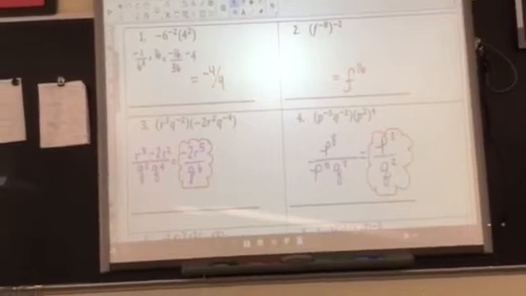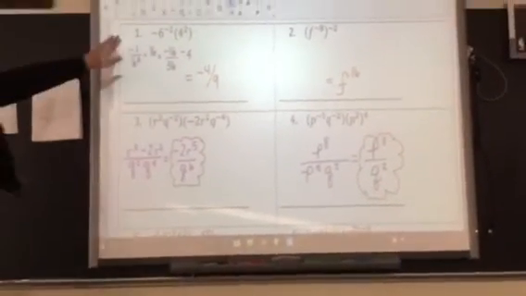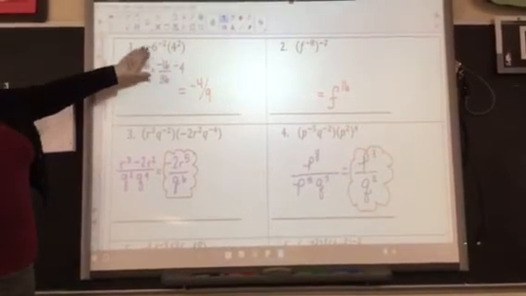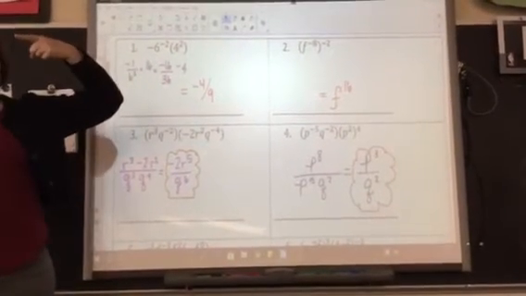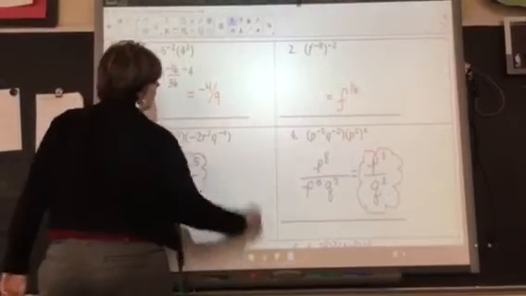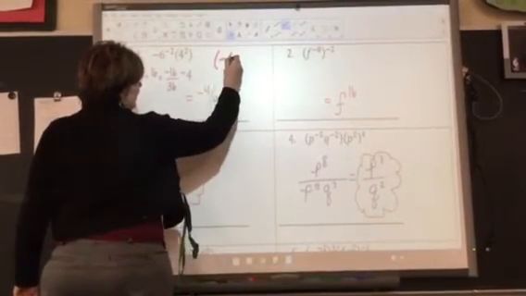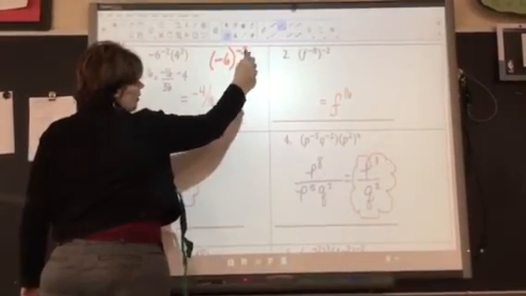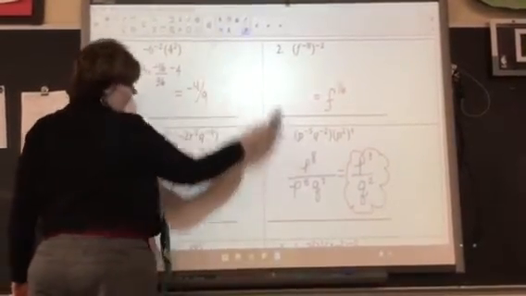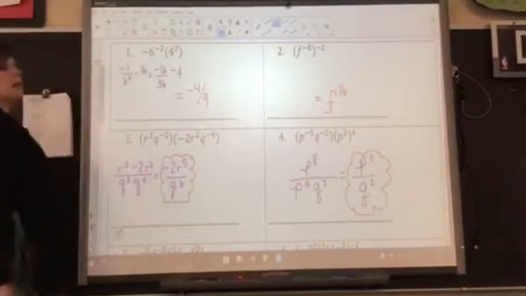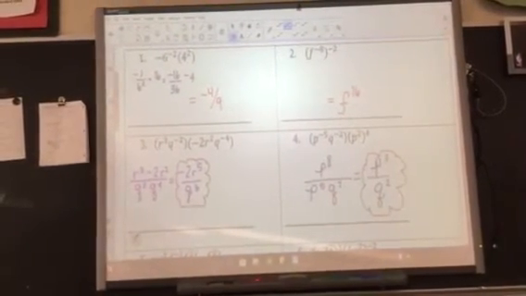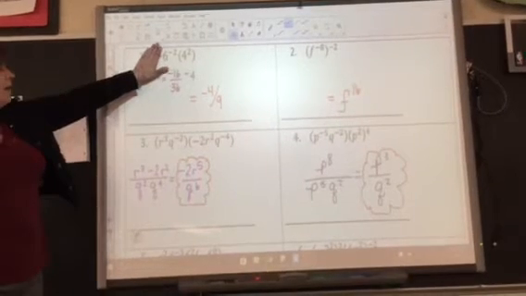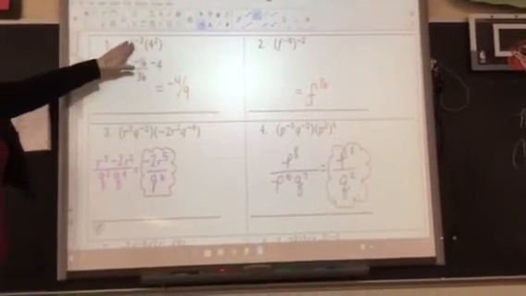So for number 1, first of all, here's what you need to notice, that the 6 is the only thing being raised to a power, not the negative. We learned that at the beginning of the year. The only time that you're going to raise a negative to a power is if it's like this, that would be negative 6, the quantity raised to the negative 2 power. If I don't have the negative sign in front of this, in the parenthesis, including that number, then that negative is not included. Do you guys see that? Okay, so I have a negative 1, and then I dropped my 6.